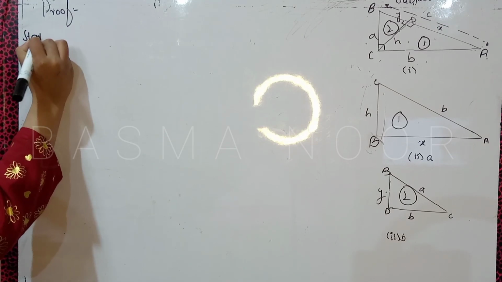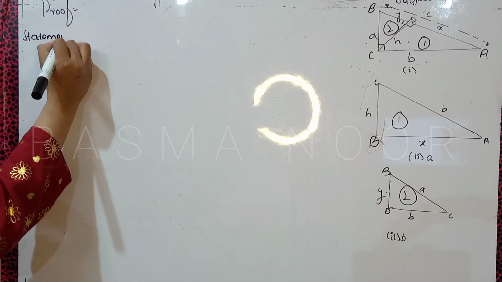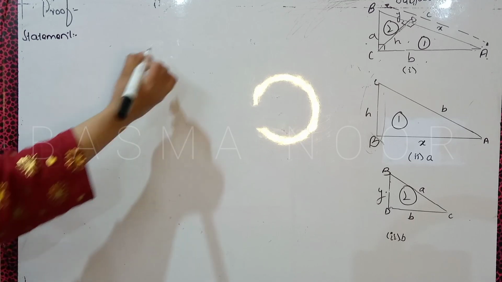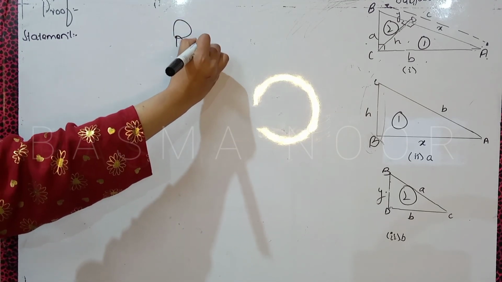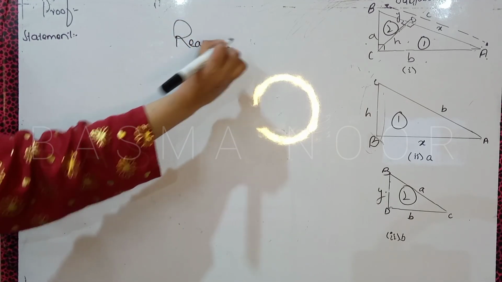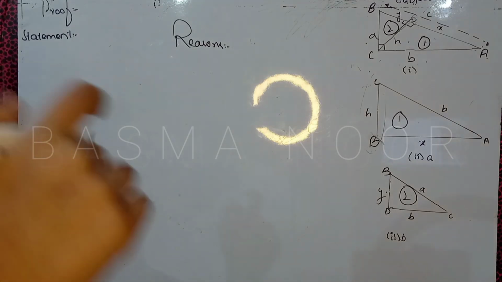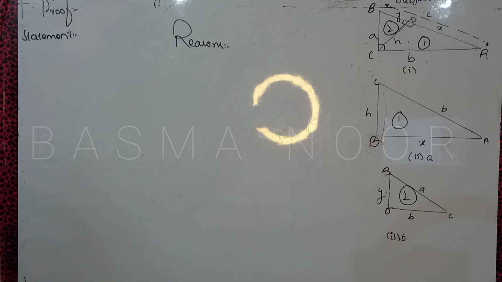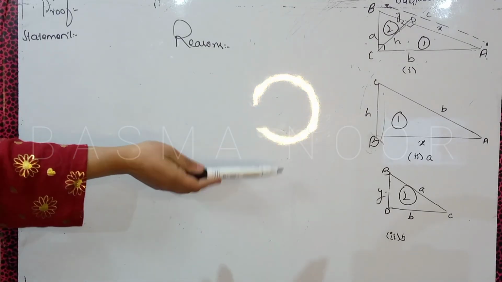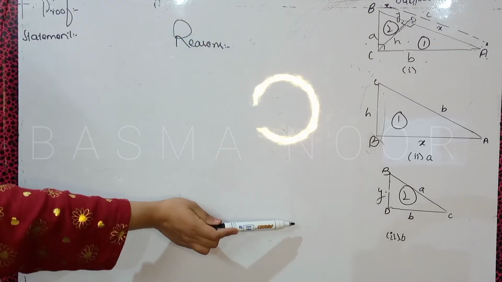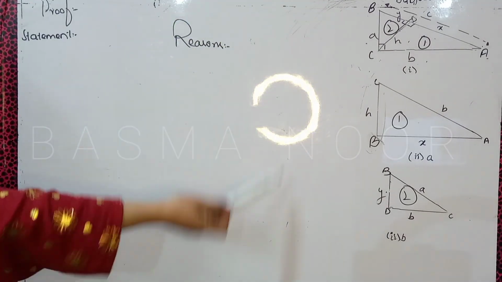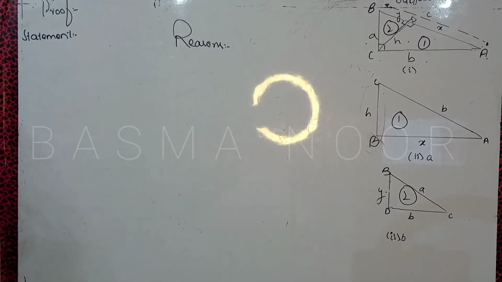Statement, and here we're gonna write reason. So first of all, you can see that we have three triangles, and we're gonna take this triangle's correspondence to this triangle, and then this triangle's correspondence to this triangle, because these two triangles are derived from the first triangle.